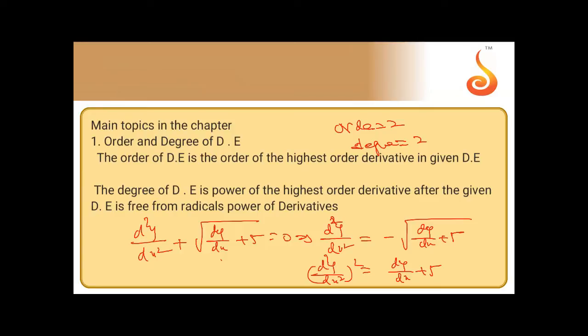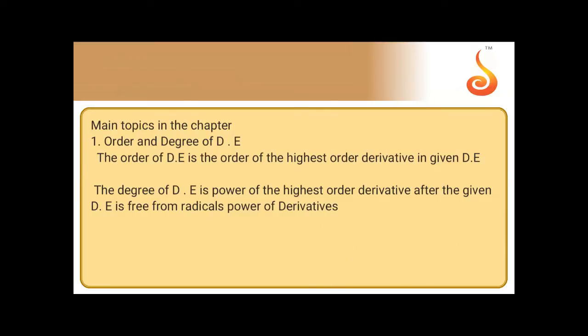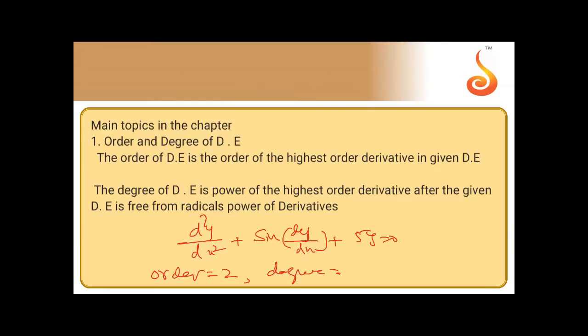Next model, and one more example. Sometimes they give a sum like d square y by dx square plus sine of dy by dx plus 5y equal to 0. What is the order and what is the degree? Order will be 2. What about the degree?